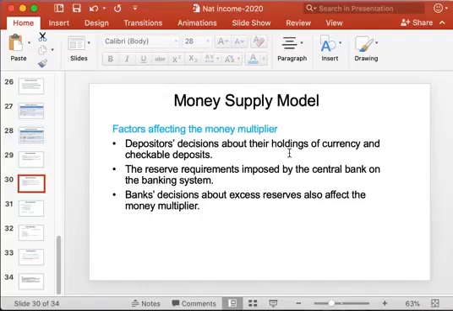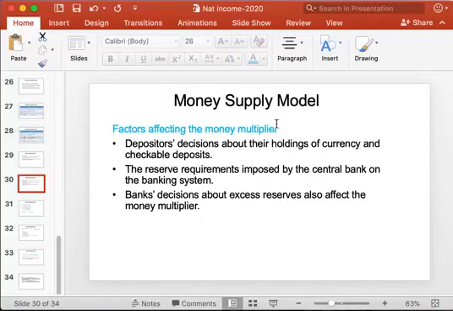If they deposit that money into the bank in the form of checkable deposit, then that will have another effect, because when the same money that was held in the hands of the general public is deposited in the bank, then the banks can actually create further money by providing loans, as you saw in the earlier slides.